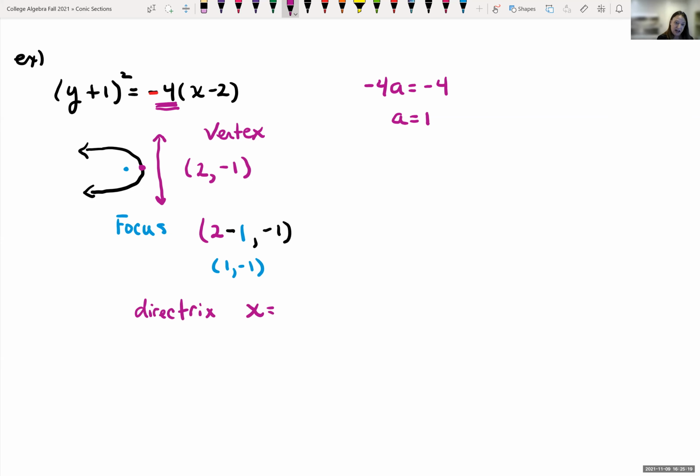I'm adding that value of A to get to that x value from the x value of my vertex. Actually, it's not a point, is it? So it's 2 plus 1, and this would give me the vertical line x equals 3.